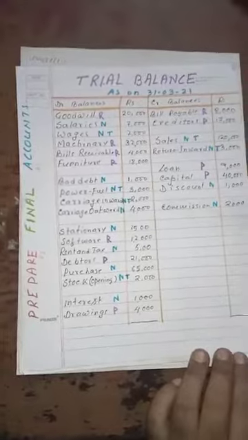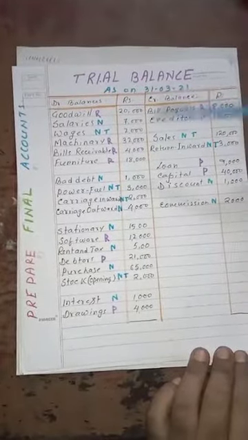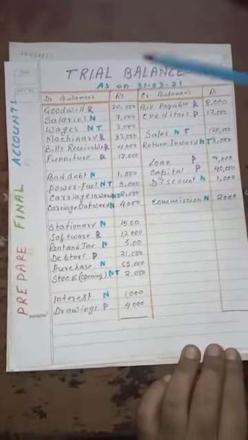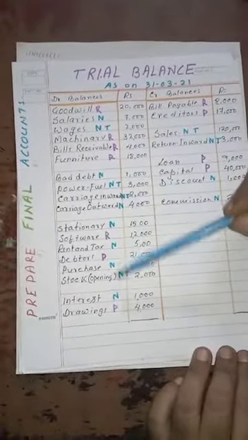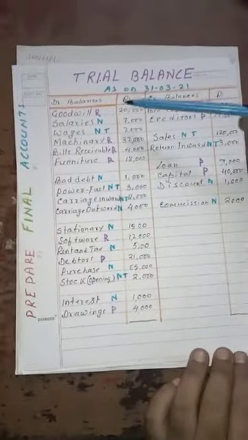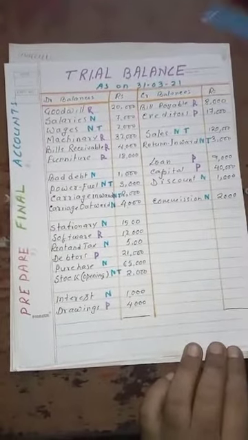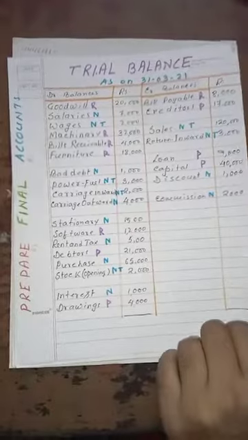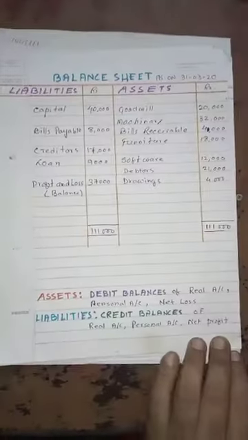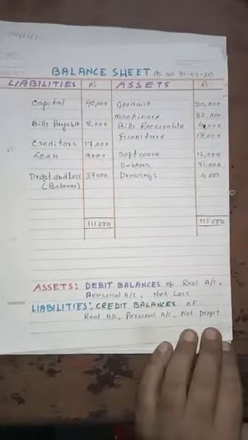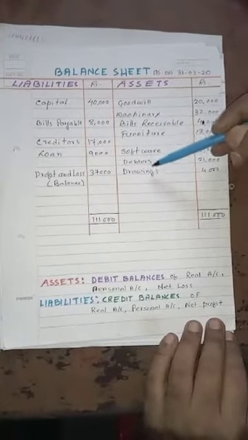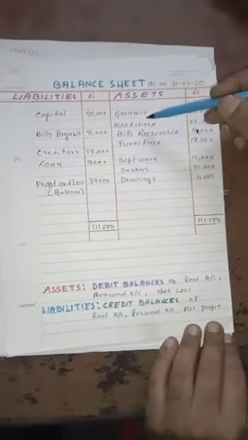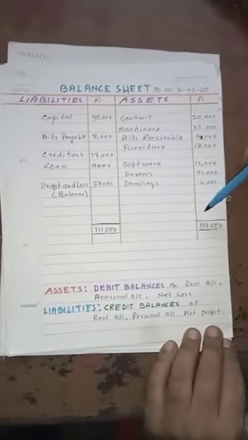Next stage. Now we are preparing final account from the trial balance. From the trial balance, real account balances and personal account balances will go to the balance sheet. You have marked them with R and P, real and personal. Debit balance will go to the asset side and credit balance will go to the liability side. See the balance sheet. From the trial balance, real and personal accounts with debit balances we have recorded in the asset side.